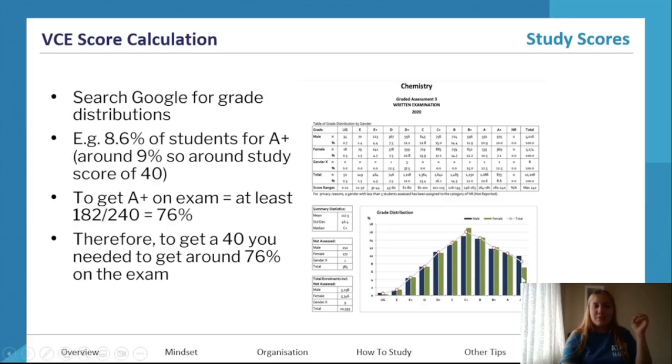But then the number of students scoring in the A plus range is also a lot less, but it's still quite significant. So we know there's quite a bit of competition to get that really high study score, right?